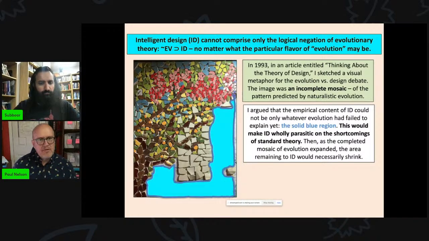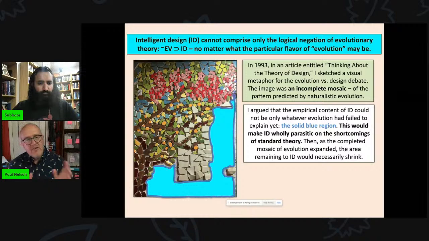So we can illustrate them here, right? The solid blue region. This is where the tiles have yet to be put in place. Now remember, the tiles in this metaphor are being put in place by the theory of evolution.